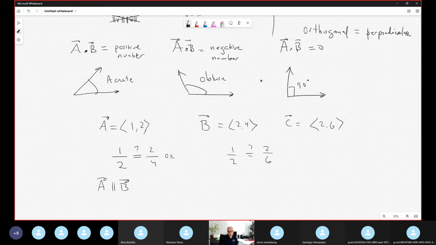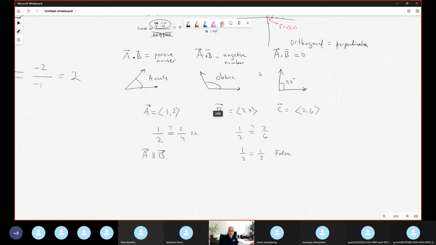Oh, no, it's completely wrong. This is 1/2 and this is 1/3. It's a completely false statement. Therefore, A and C are not parallel. Do you understand this? The proof of the acute, the proof of the obtuse, the proof of the orthogonal or perpendicular, and the proof of parallel.